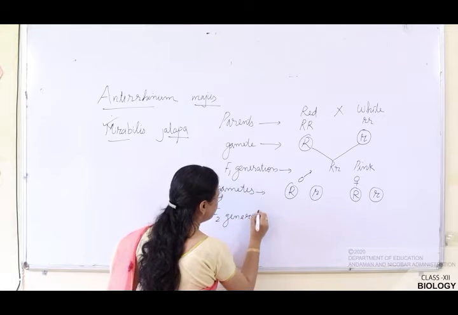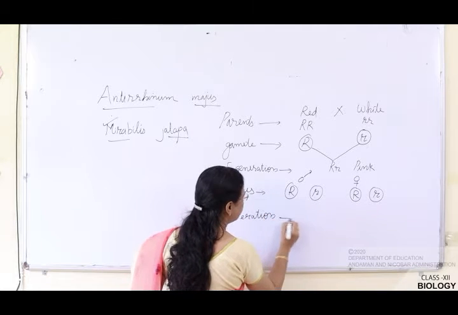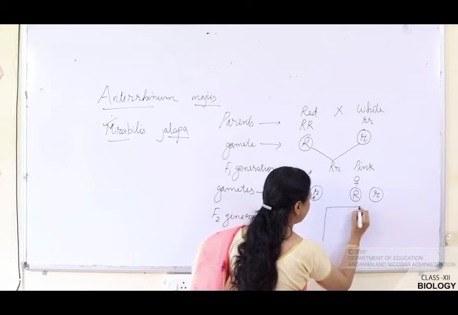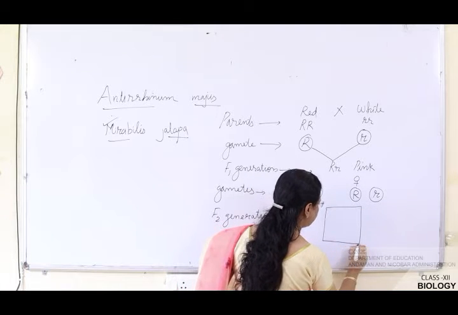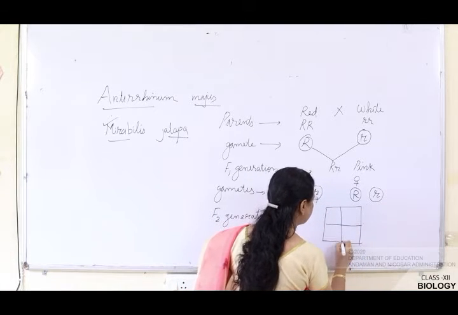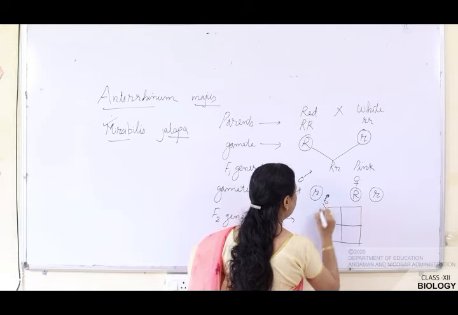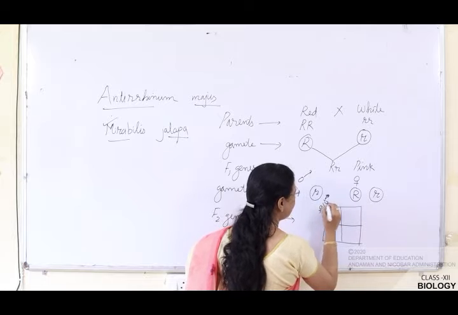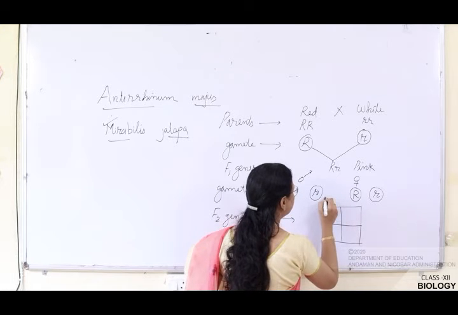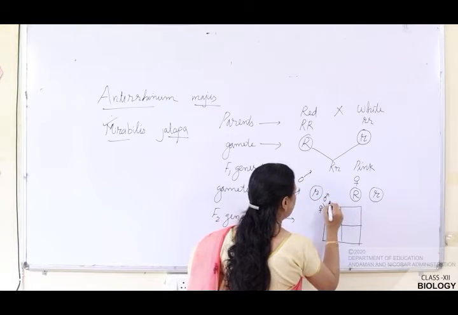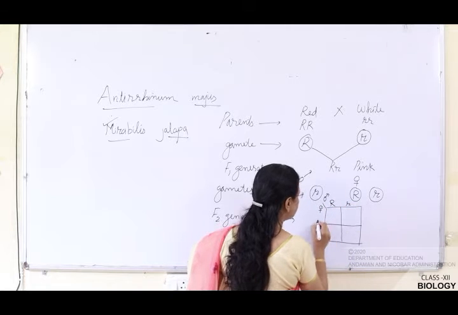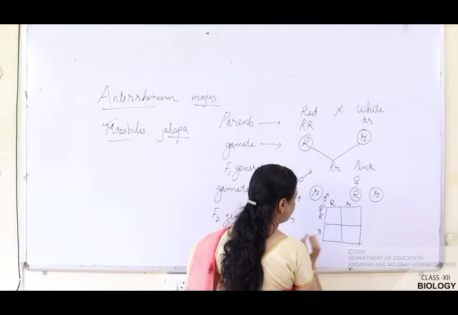We'll see what is the F2 generation. You can make the Punnett square. Suppose it is a male and here we are taking female, capital R, small r gametes, capital R, small r.